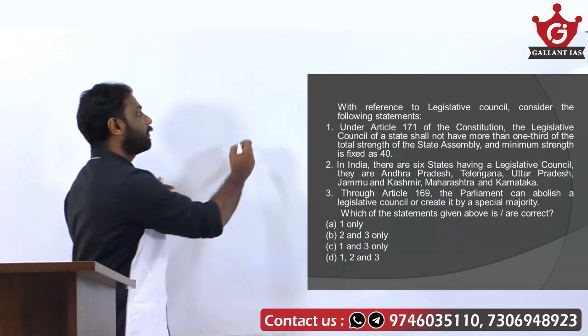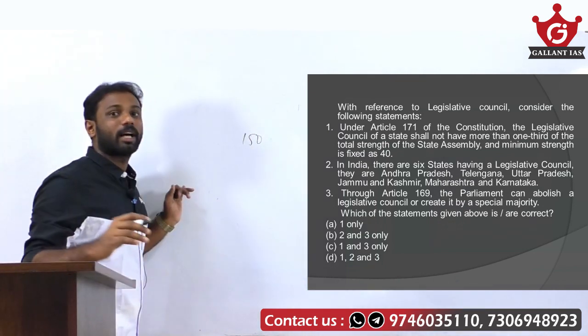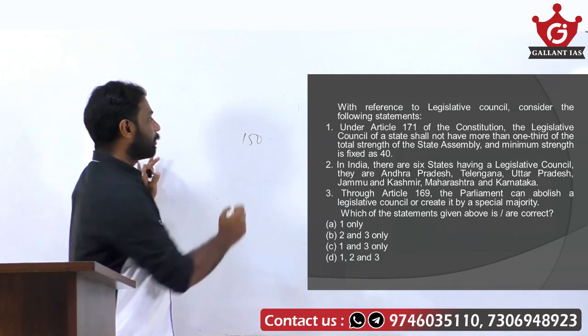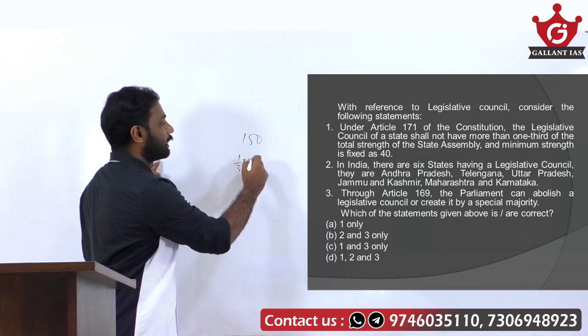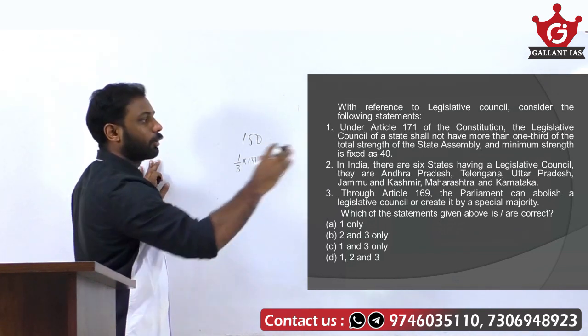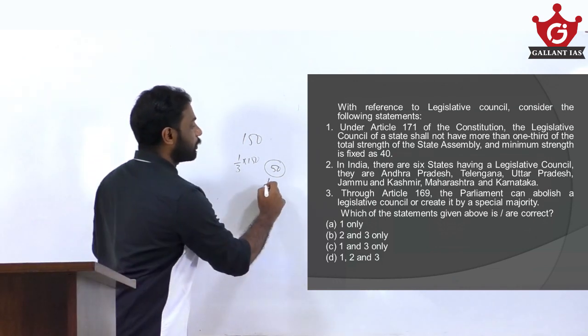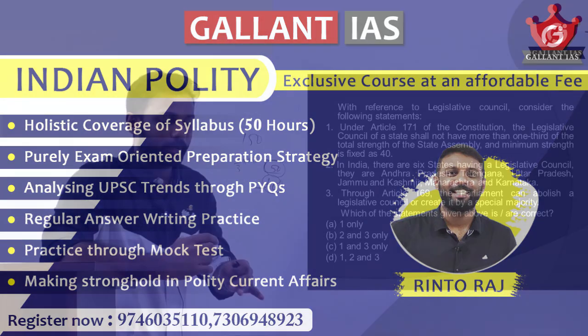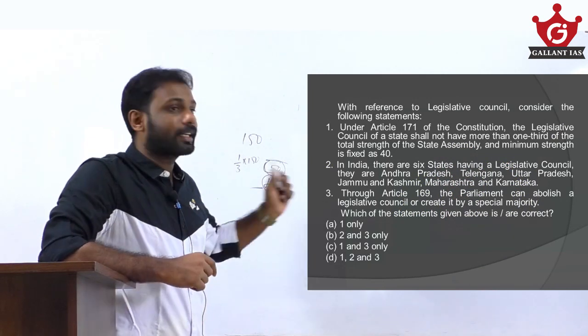For example, if a state has 150 Legislative Assembly seats and needs a Legislative Council, the maximum strength shall not exceed 1/3 of 150, that is, 50. The Constitution also says that the minimum strength shall be 40. That's the provision mentioned under the Constitution.